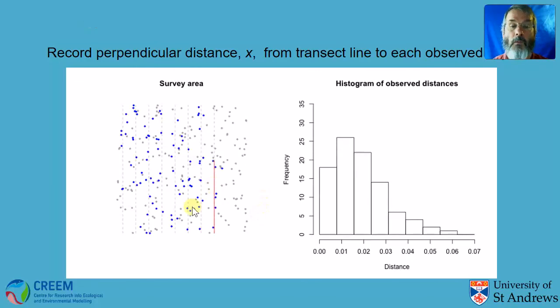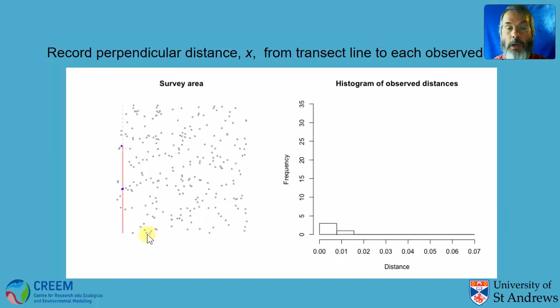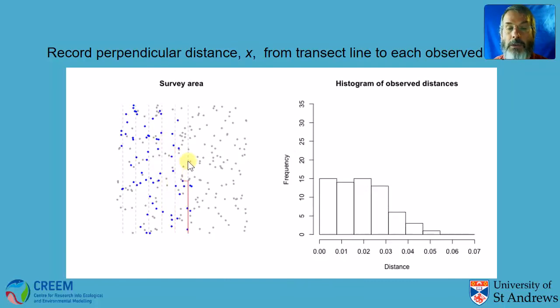And so what we see on the left-hand side of the screen here is an imaginary you on a ship traveling through a study area. And as you travel through that study area, you're seeing some animals that are highlighted in blue and not seeing other animals that remain colored gray.